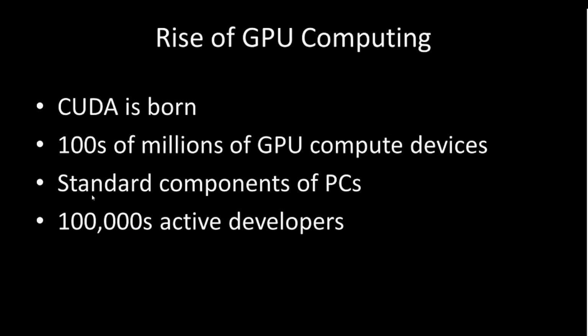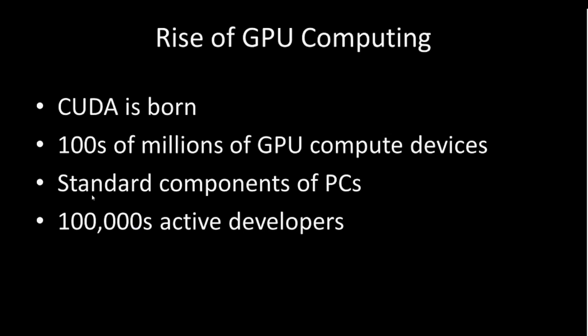AccelerEyes began around the same time that CUDA was born in 2007. Since then, hundreds of millions of GPU compute devices are available on the market. They're sold as standard components of PCs, of servers, of laptops.